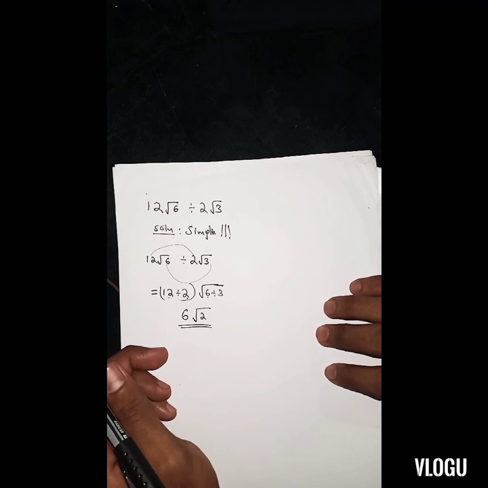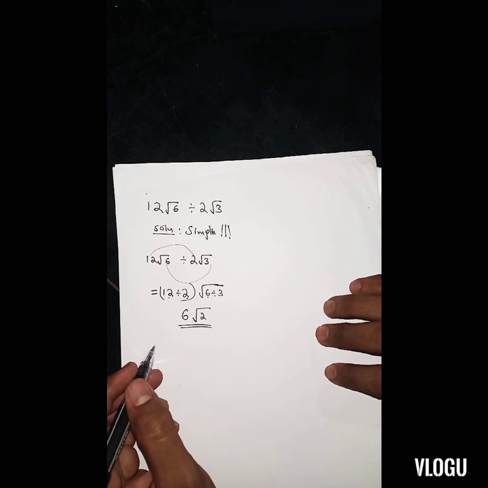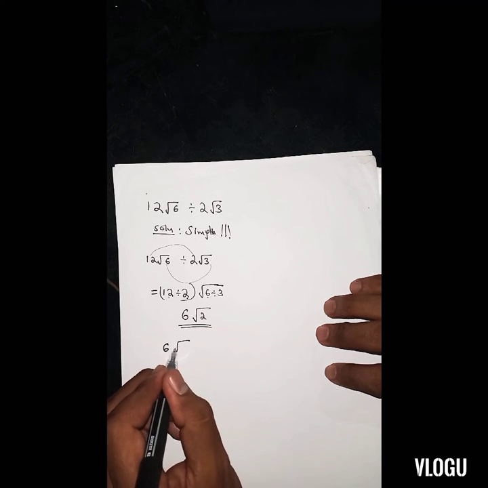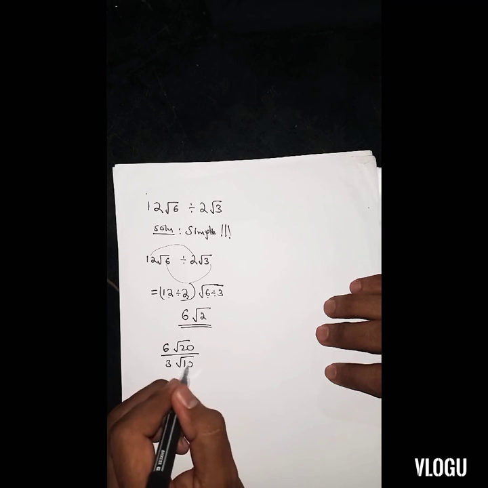Most often, sometimes they might ask you a division of surds which looks like this. Let's say 6 root 20 all over 3 root 10.